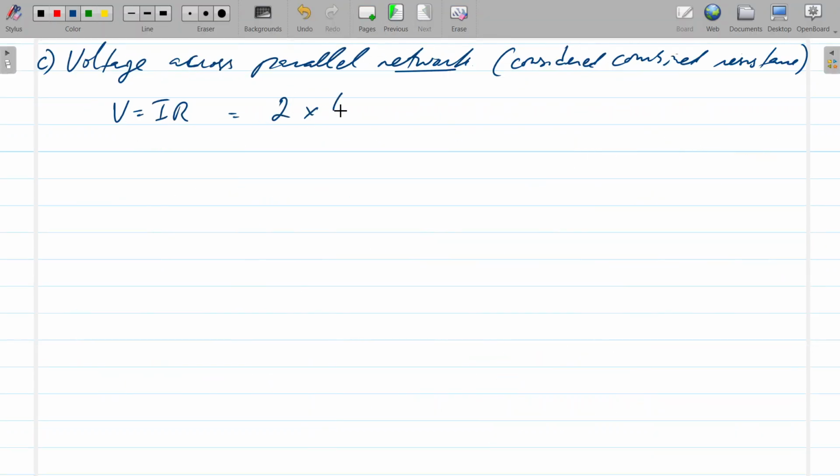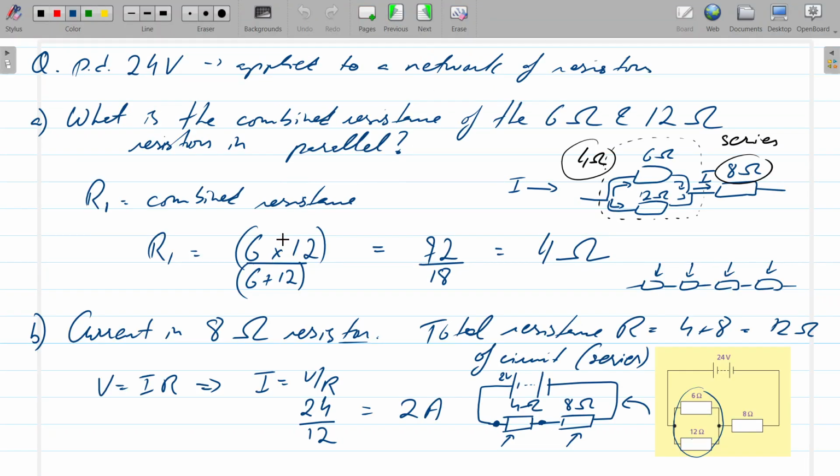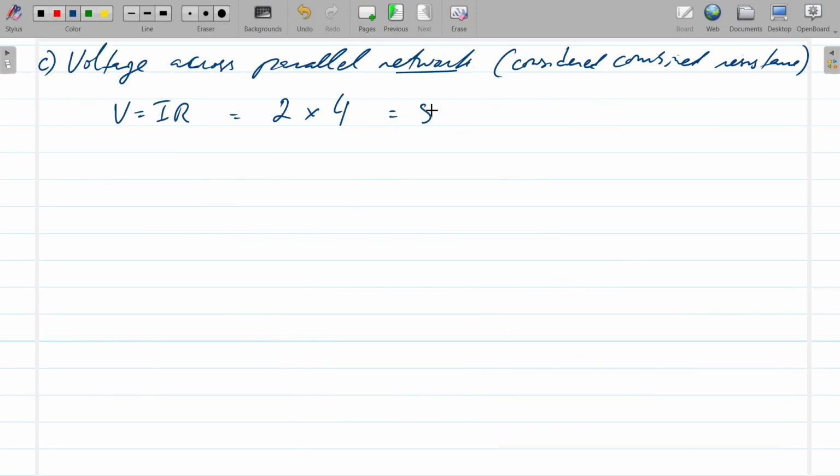And you've got 4 ohms as the combined resistance. And so that's going to give you 8 volts. Okay. All right. Part D.